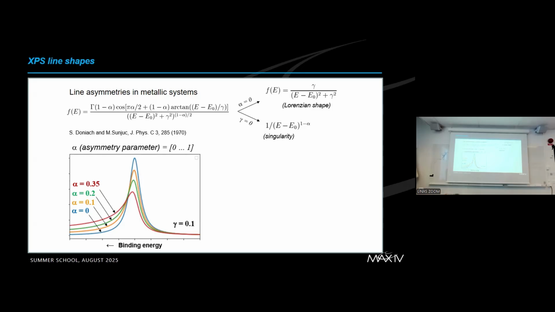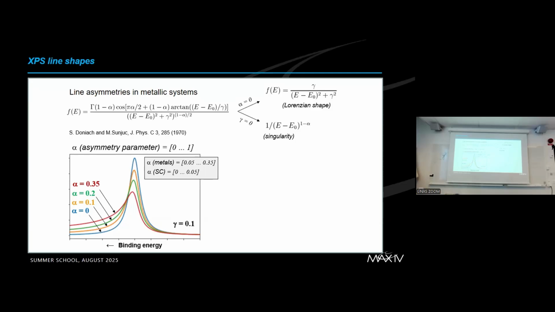Again, alpha 0 is the Lorentzian shape, so it is converging to the Lorentzian shape. And if gamma, the lifetime broadening, goes to 0, then we get a singularity here. For typical spectra of metals, the asymmetry parameter is something between 0.05 and 0.35. And for semiconductors, the asymmetry parameter is close to 0.